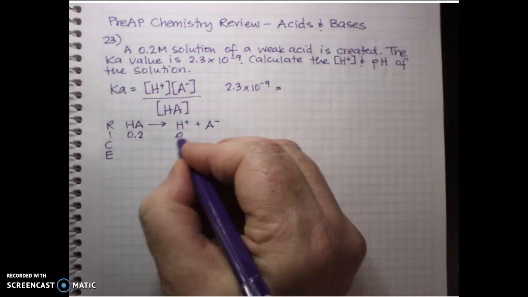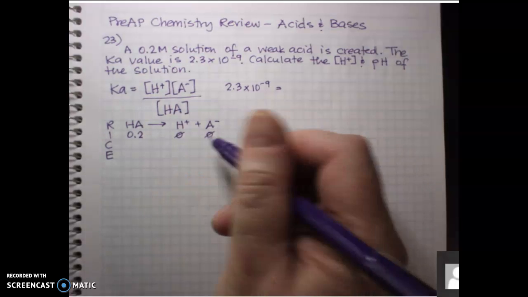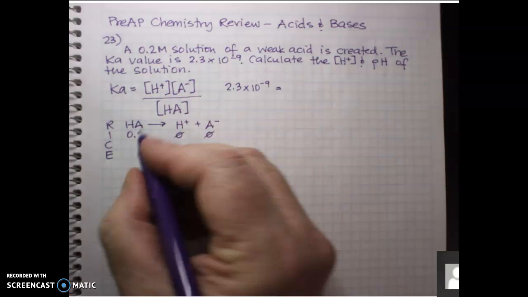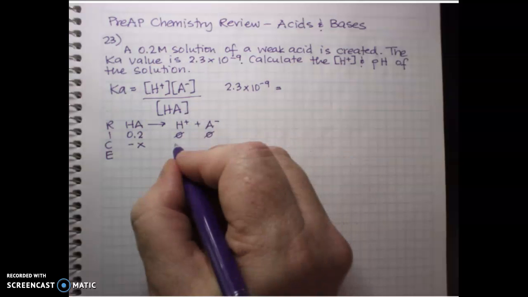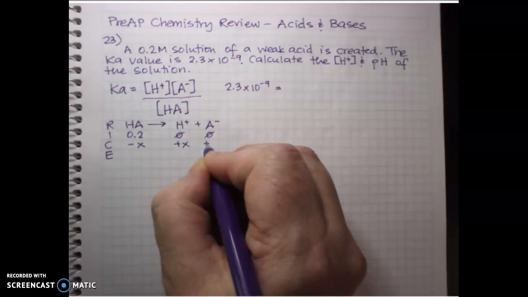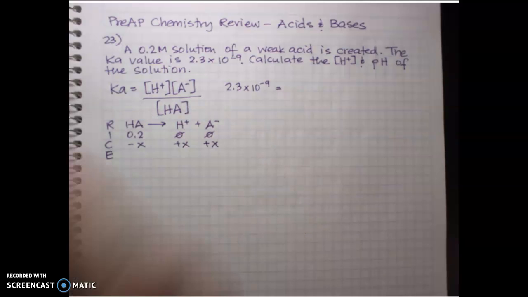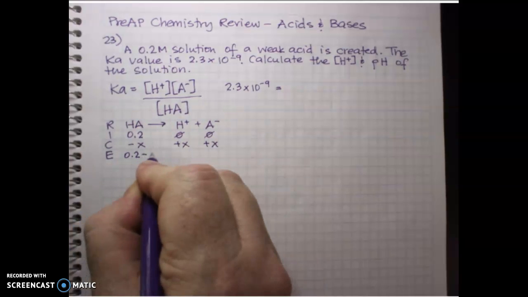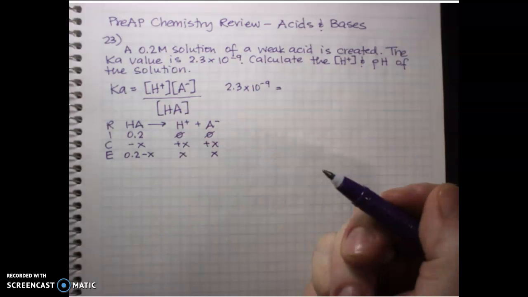Our products have not been formed yet, so the product initial concentration is 0. Our change is going to be minus X for our reactant and plus X for each of our products. And then our equilibrium is going to be 0.2 minus X and then X for each of our products.